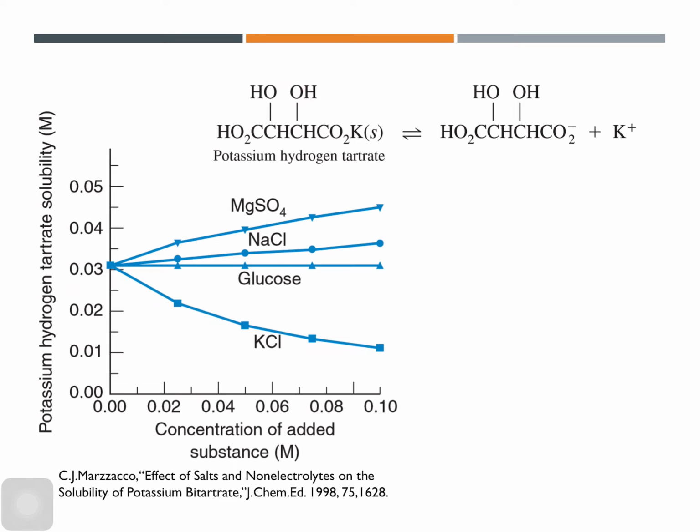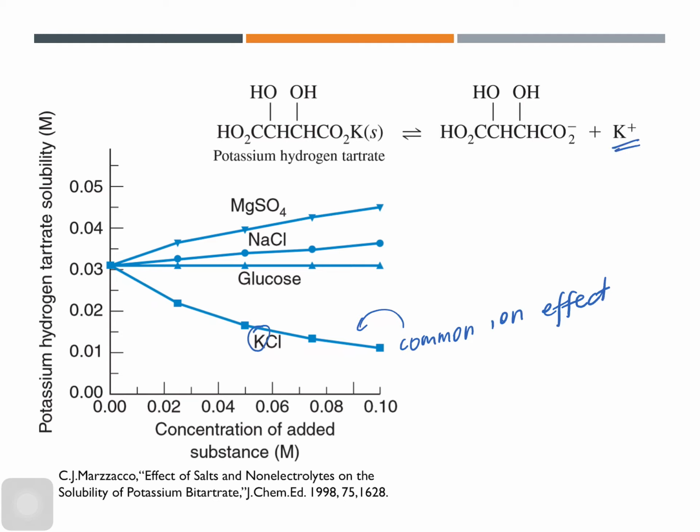In the KCl solution, the more KCl you add, the solubility of potassium hydrogen tartrate decreases because of the common ion effect. Common ion effect tells us that when you add common ions, the solubility decreases. So for KCl, the common ion is, of course, the potassium ion. We have potassium ion here.